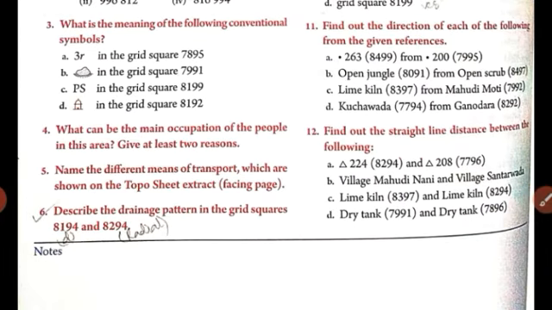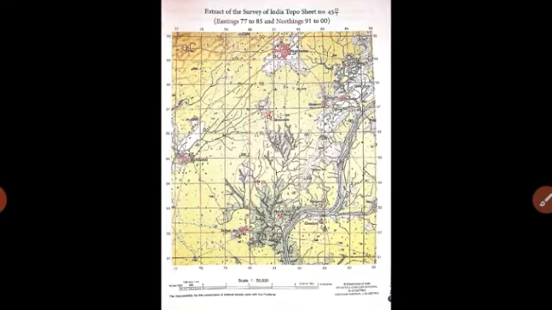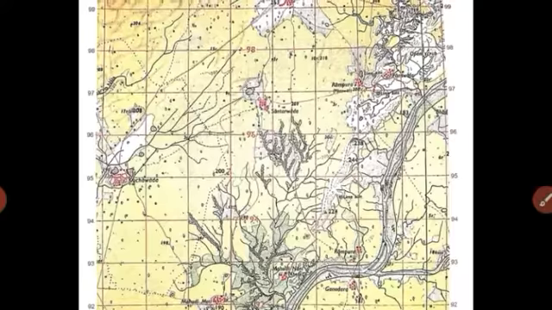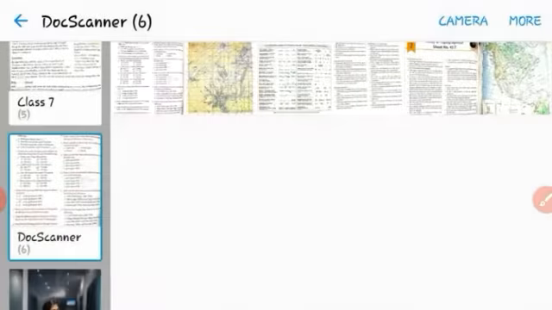Or there may be a question with direction sense, where place A is there, place B is there, and you are asked the direction from place A to place B. Like you have a question like 11, with 0.263, what is the direction? 2.200, open jungle.